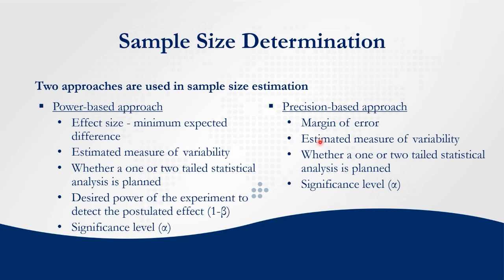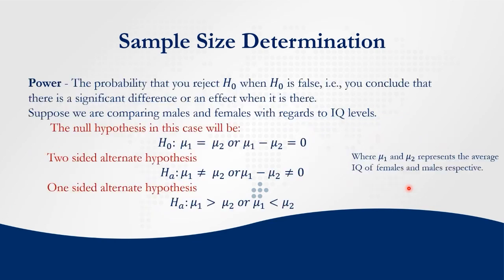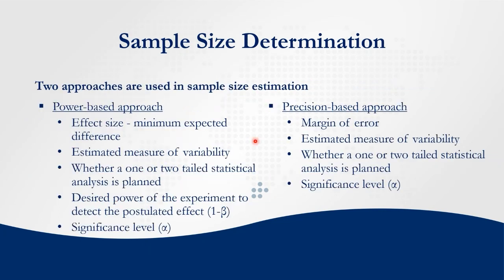If you're using a precision-based approach, you will have to specify the margin of error, the measure of variability, whether it's two-tailed, and the level of significance. So I'm just going to go through these elements now. Others I've already spoken about, the power and the level of significance, so I'm going to rush through them, and then we'll touch on the other ones that we haven't touched on.